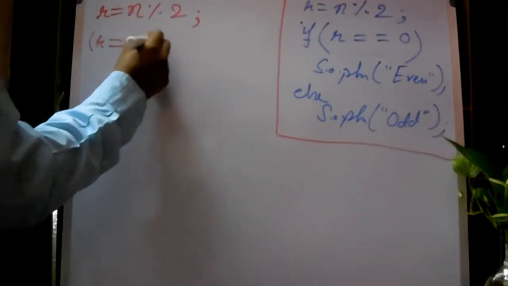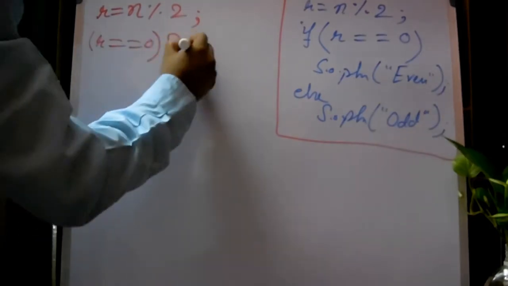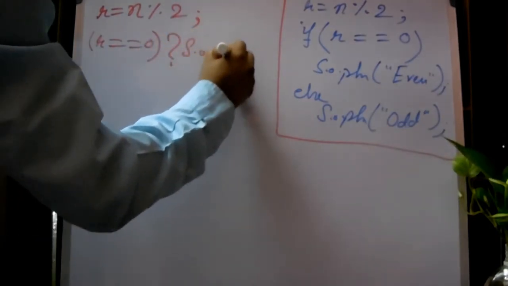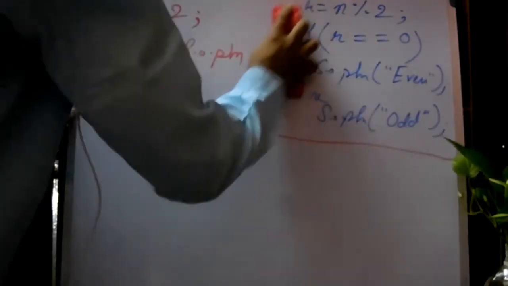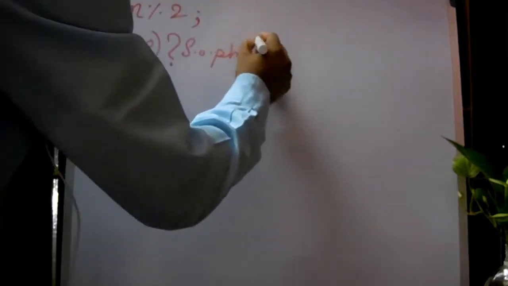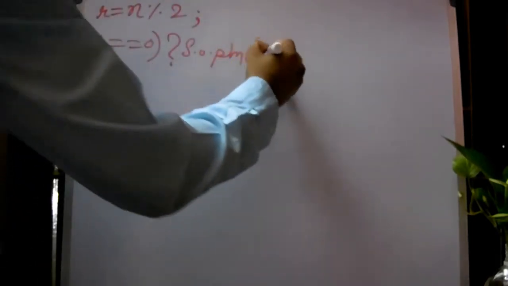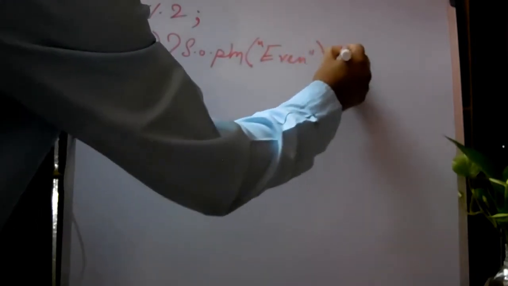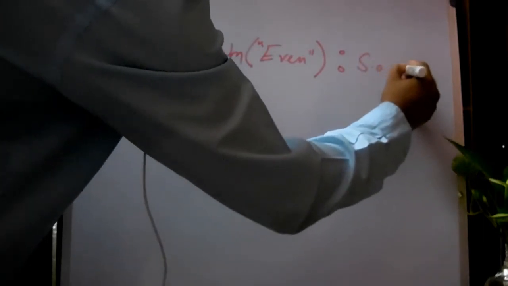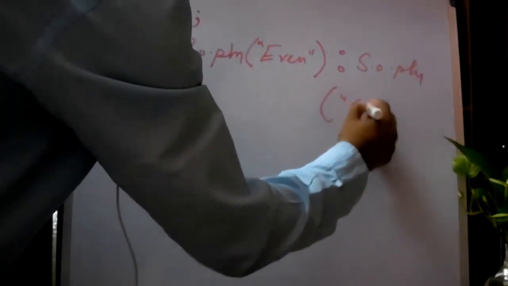The condition is r equal to 0, then System.out.println, okay, I am rubbing it out, I think you have memorized it. Within the quotation I will write even, else means colon, System.out.println, and in the next line here I am writing odd.